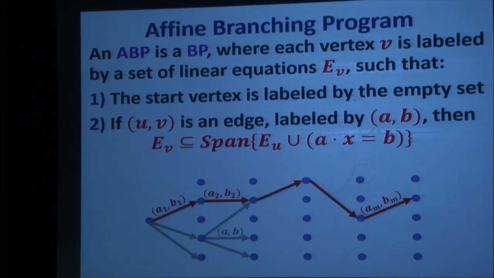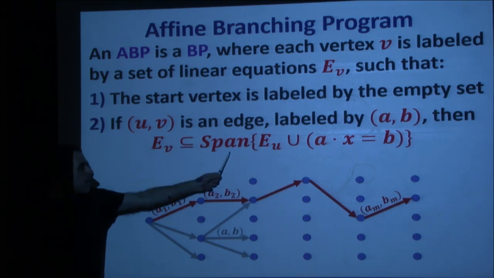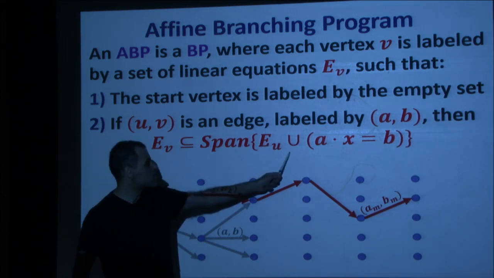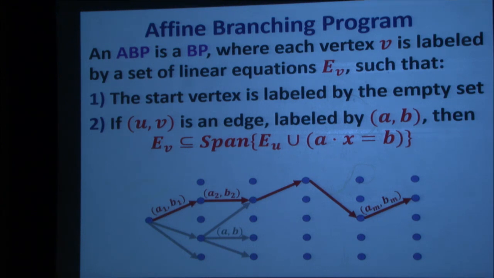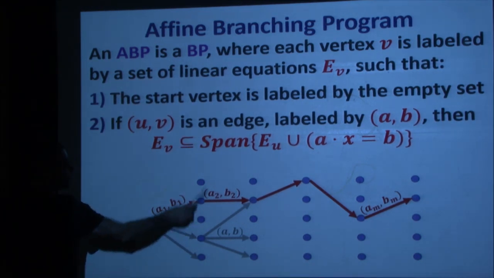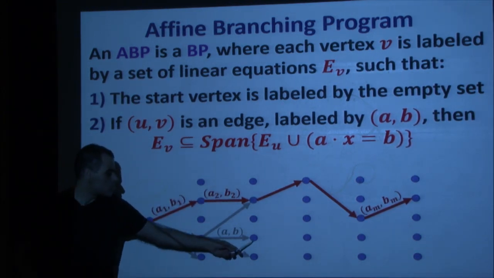The second property is that if uv is an edge in the branching program labeled by AB, the set of equations EV is contained in the span of the set of equations EU together with the equation AX equals B. Why? Because you remember EU, and you cross this edge.